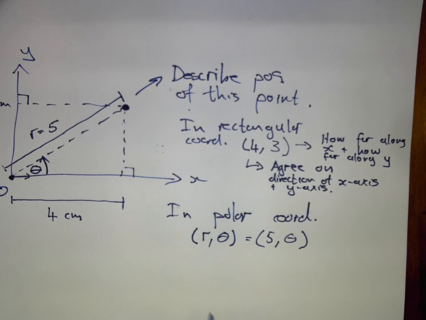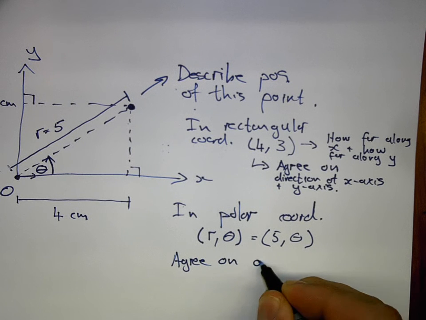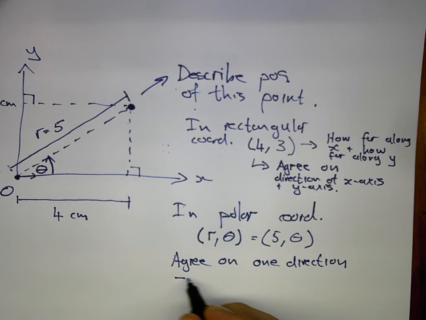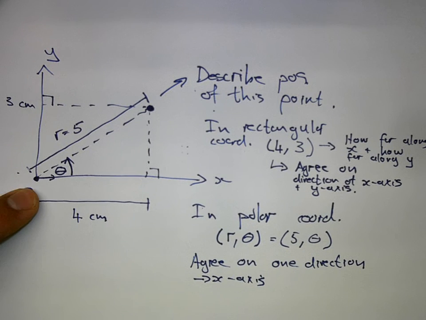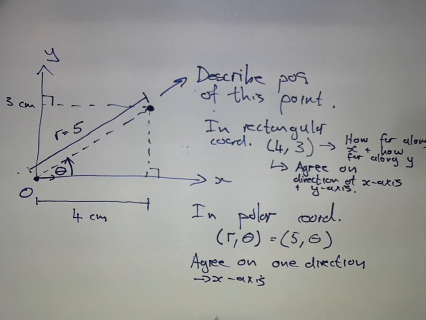For polar coordinates, it's a bit more subtle. Here we just need to agree on one direction, in this case the x-axis, because that's the line from which we are going to measure these angles. But then we must also agree on how to measure our angle.